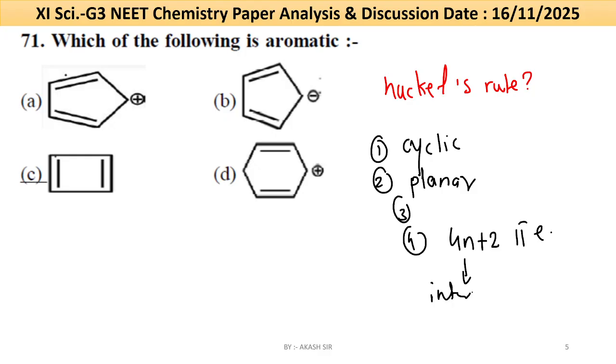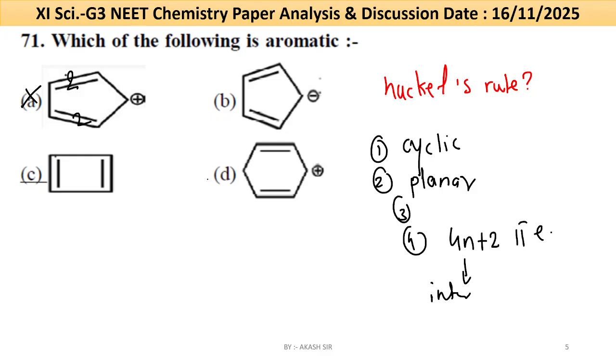Now let's analyze the options. Option number 1 is the cyclopentadienyl cation. It has 4 pi electrons, since it is a carbon with 4 electrons in the conjugated system, which doesn't fit the 4n plus 2 pi electrons. So option 1 does not fit Huckel's rule.